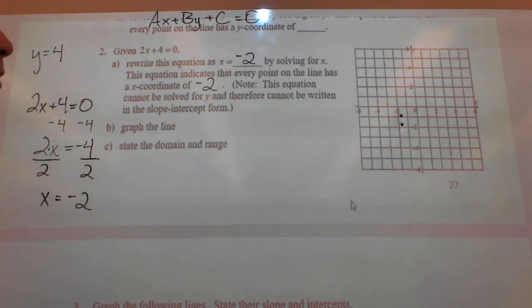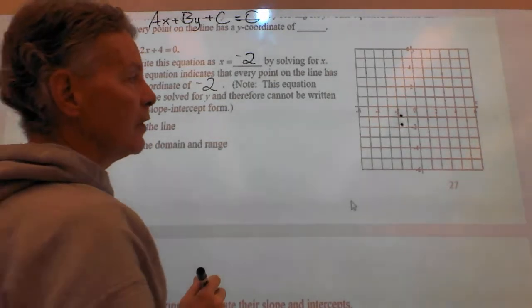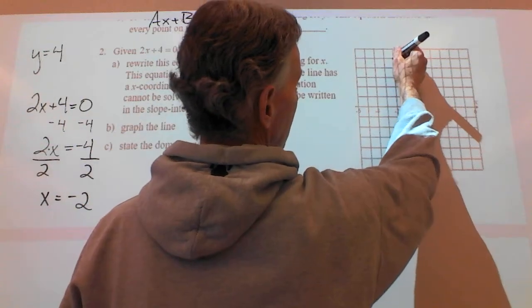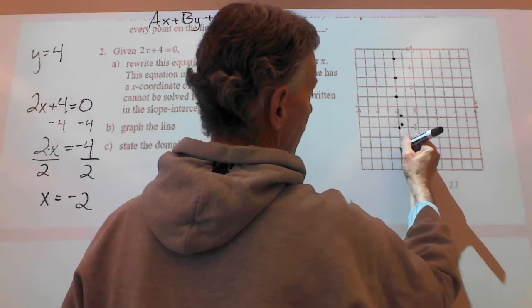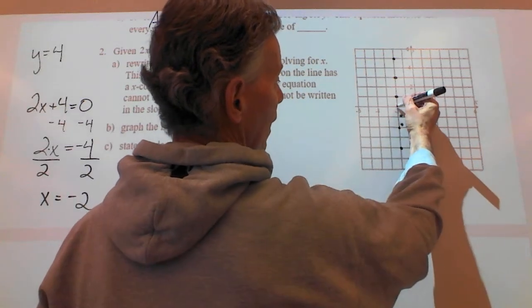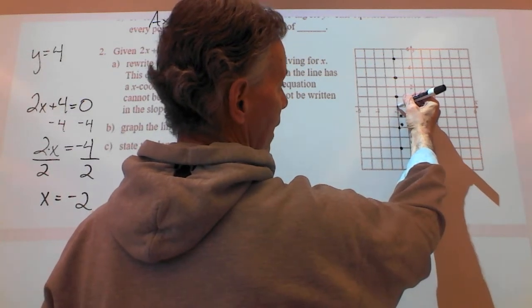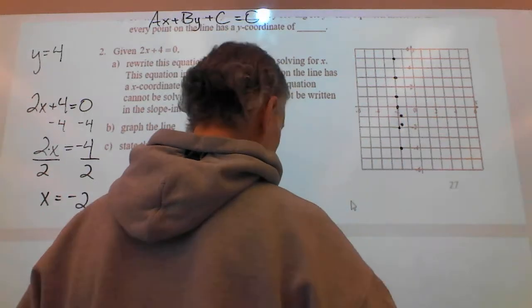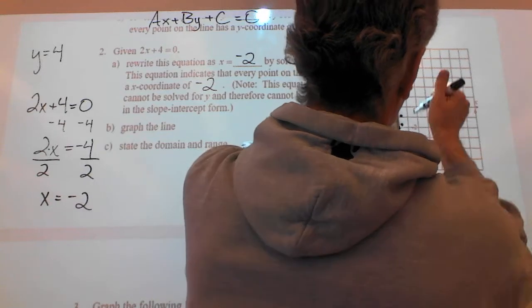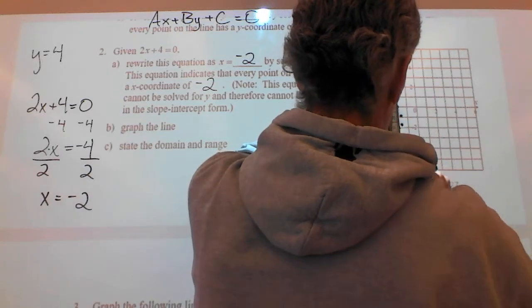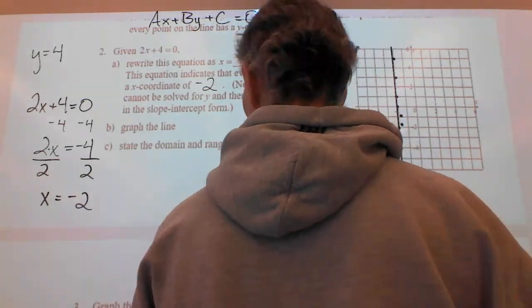Well, if every point has an x coordinate of negative 2, then that means we're dealing with points that line up like this. We have an x-intercept at negative 2, and that will result in a perfectly vertical line.